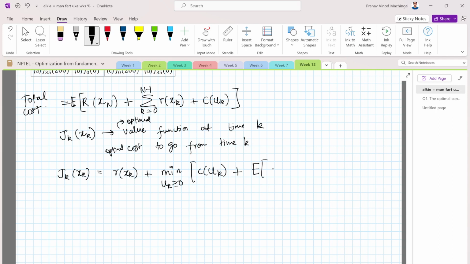Plus the expected value of Jk of xk plus uk minus wk, or you can write this as max of xk plus uk minus wk, comma 0.